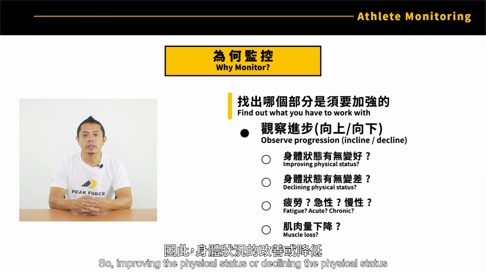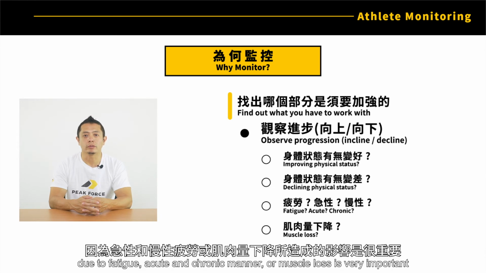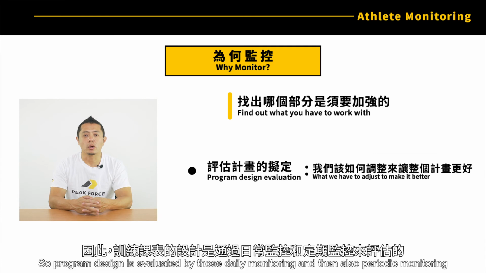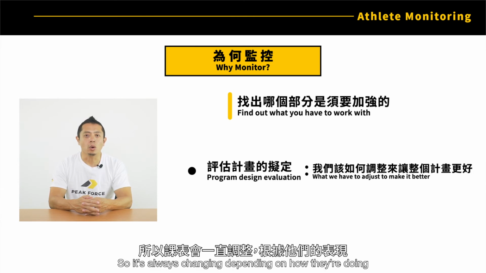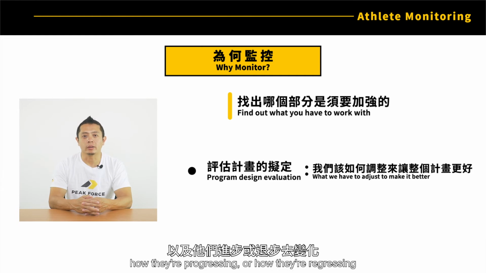So improving a physical status or declining a physical status due to fatigue, acute and chronic, or muscle loss is very important. So program design is evaluated by those daily monitoring and also periodic monitoring. So it's always changing depending on how they're doing, how they're progressing, or how they are regressing.